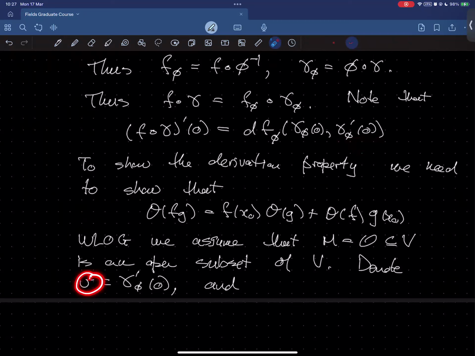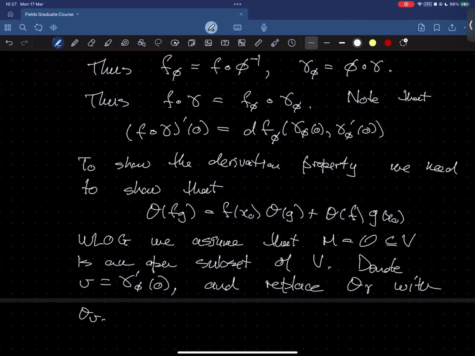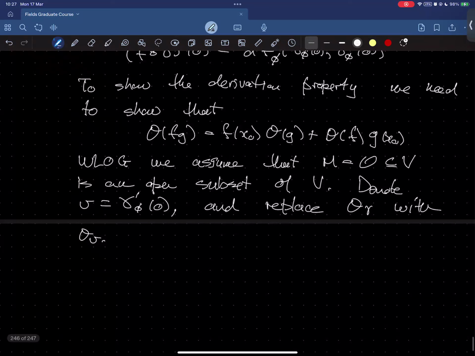So in other words, it really only depends on V, okay? And denote, just because I want to replace the dependence on gamma with just dependence on V because that's really what it is. Okay, so replace theta gamma with theta V.